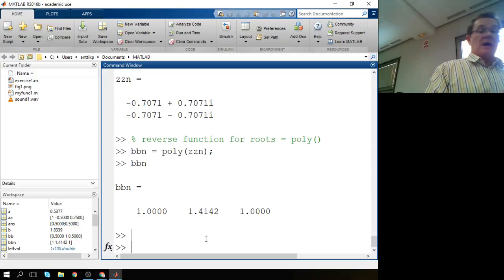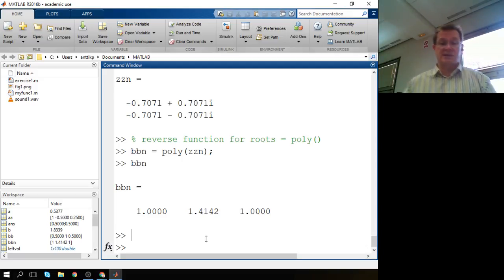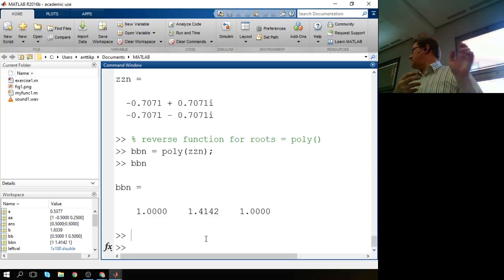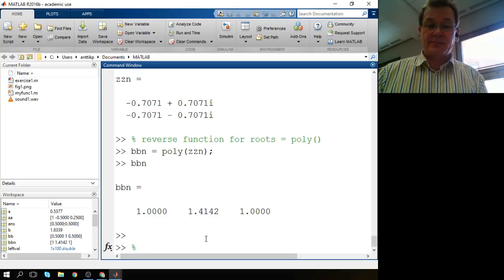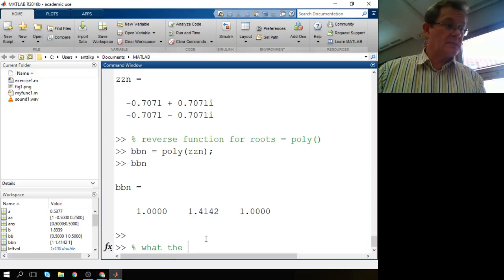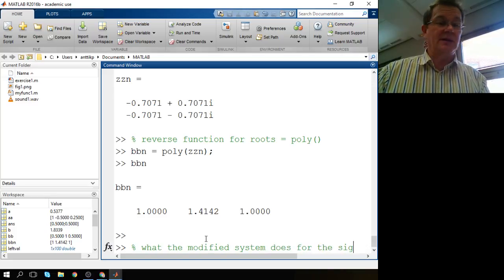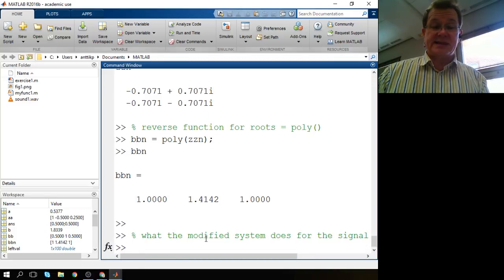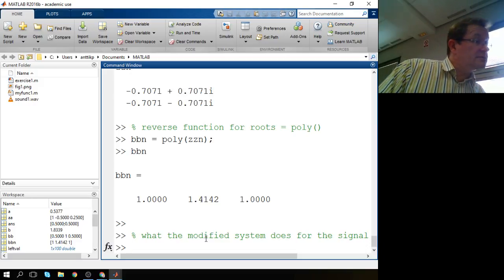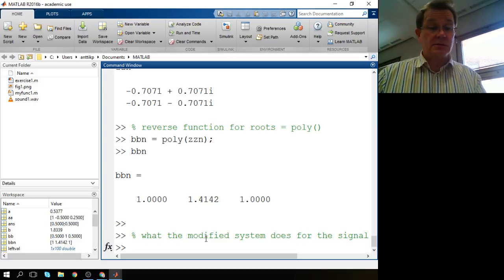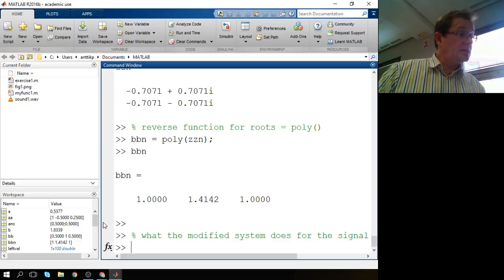And then, of course, how to use the system. I still have the x3, I think, or some values there. Let me see what the modified system does for the signal. So we have the x3, yes.